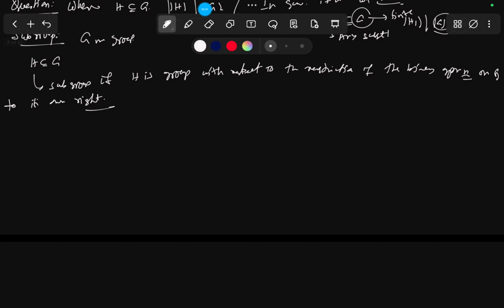So what basically does this mean? Basically I've said two things: the restriction of the binary operation on G.